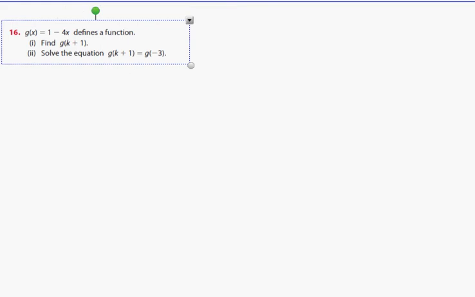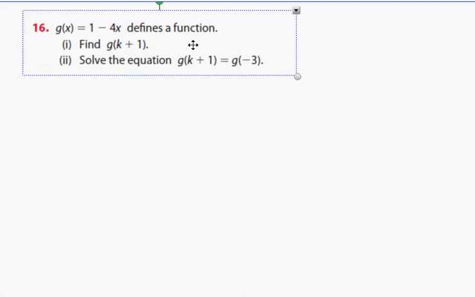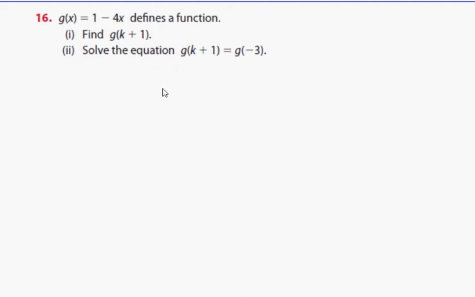Now, somebody tell me what to do with g of k plus 1. What does that mean? Find the output when the input is k plus 1.